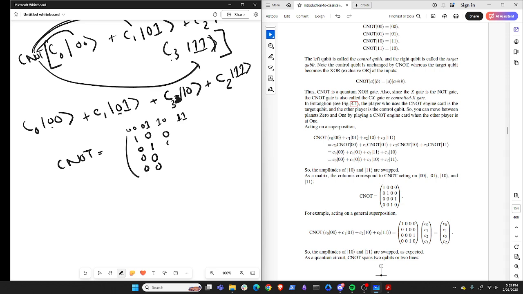So 0, 0, 0, 1, 0. So they flip the amplitudes here. Otherwise, this would just be an identity matrix, right? It would preserve all the amplitudes. But here, these two amplitudes are flipped.